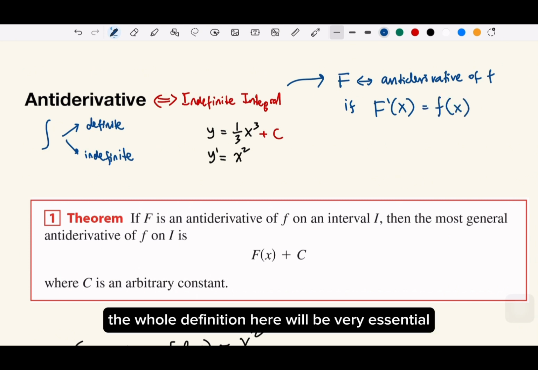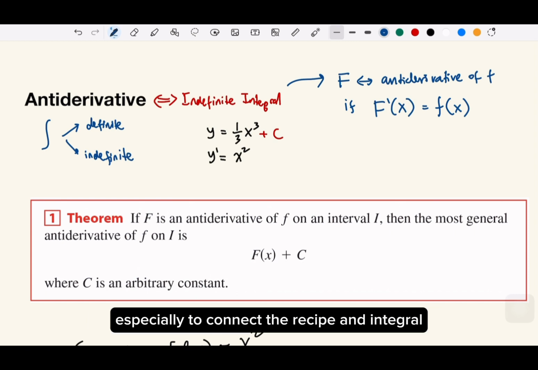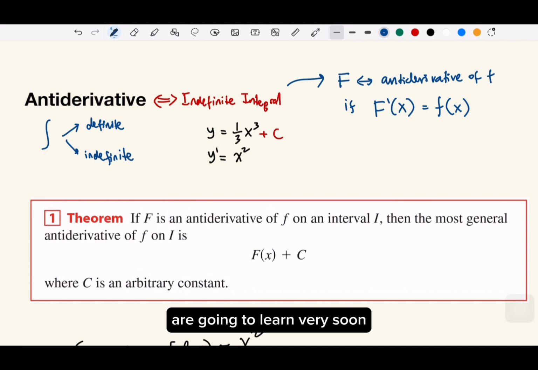The whole definition here will be very essential, especially when we are going to dig more into the integration area, especially to connect derivative and integral. There will be some connections later on that we are going to learn very soon.